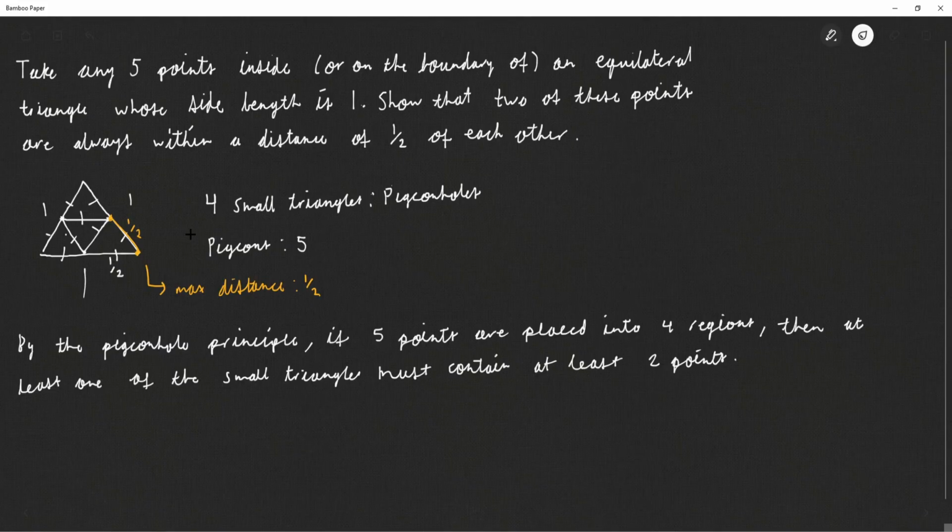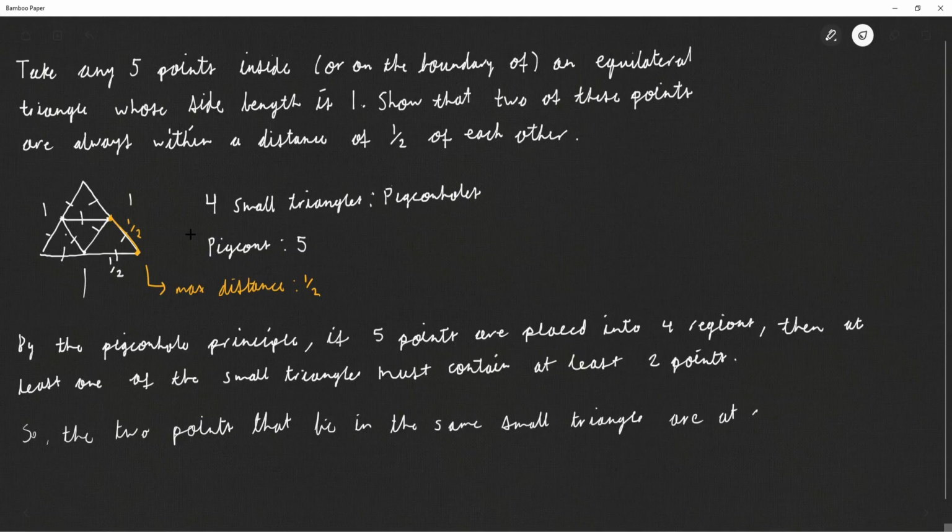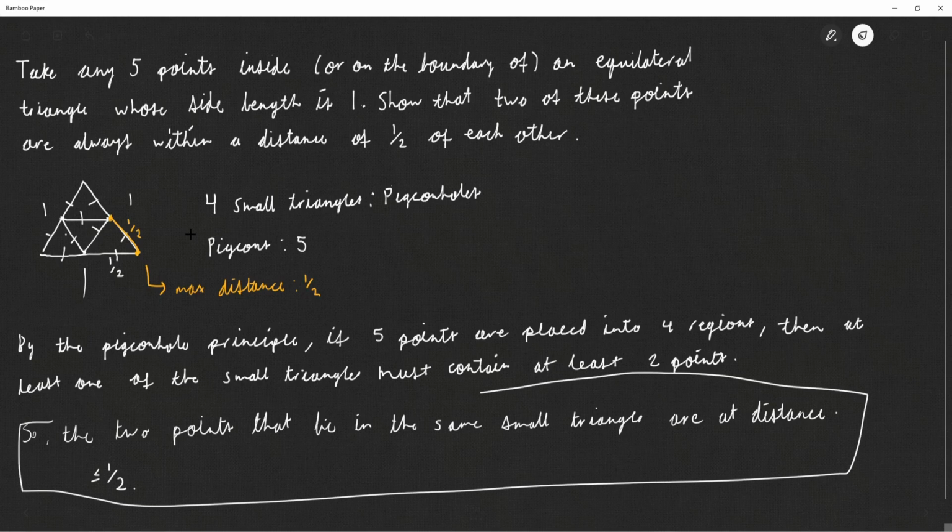So because they're at most 1/2 due to the max distance, the 2 points that lie in the same small triangle are at a distance less than or equal to 1/2, which is exactly what we needed to show. And this is exactly what we wanted to show.